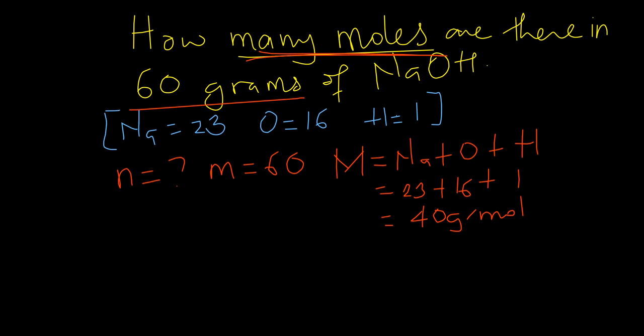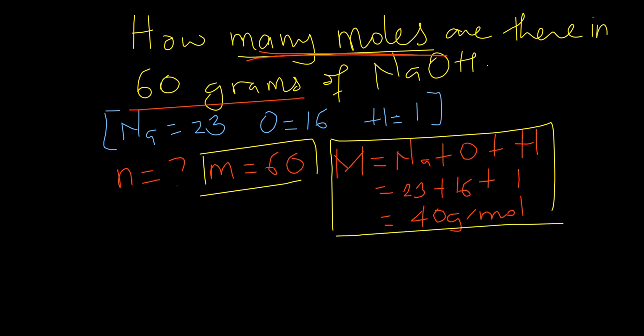So now we know the molar mass. We know the mass. With these two items, you should be able to calculate the mole. So let me underline the molar mass and the mass. So mole is equal to the mass over the molar mass.